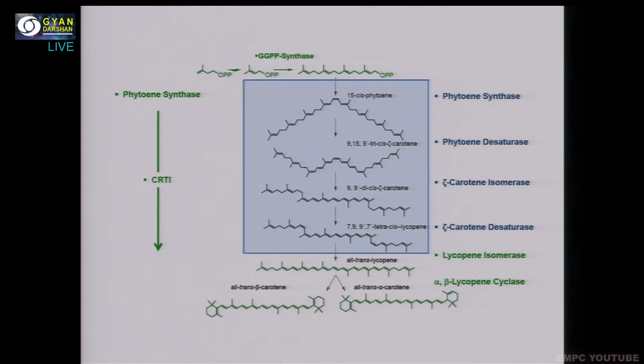People have selected this gene from the bacterium Erwinia uredovora, and have cloned three genes: phytoene synthase, the CRT1 gene and lycopene beta cyclase. These three genes have been cloned in rice, and then they could generate golden rice, that is rice which is rich in carotenoids. Of course it is quite delicate work.